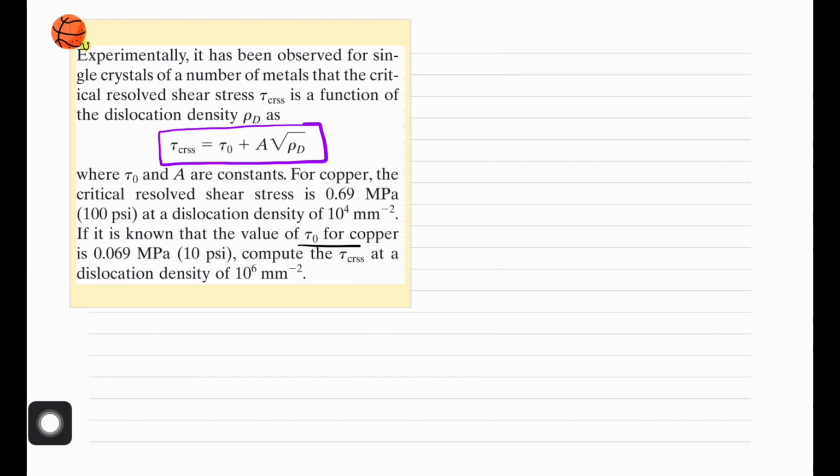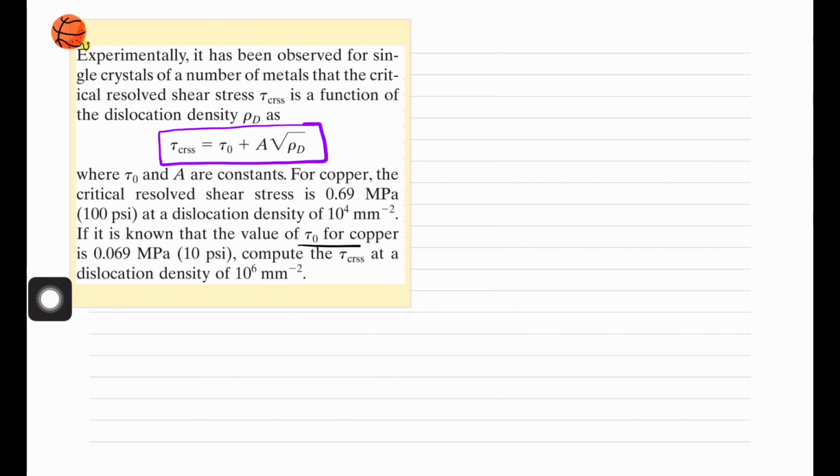So basically, we have to use this relation between the critical resolved shear stress and dislocation density for the single crystal, and find the tau CRSS value at a dislocation density of 10 to the 6 inverse mm square.